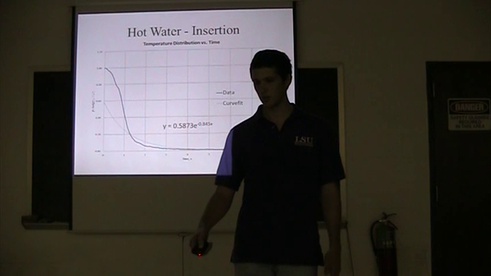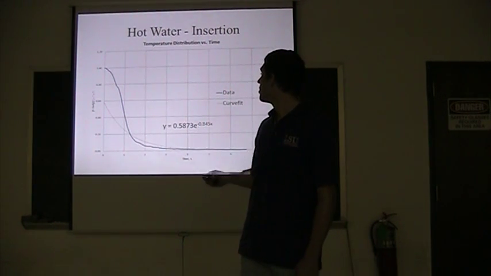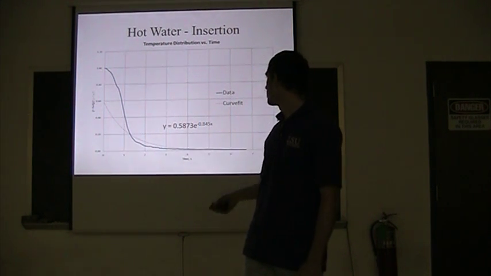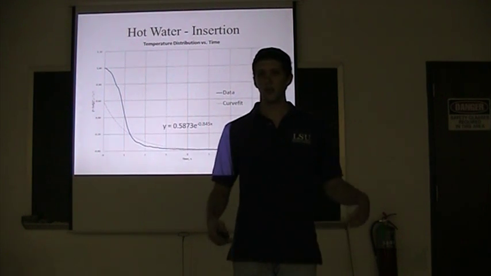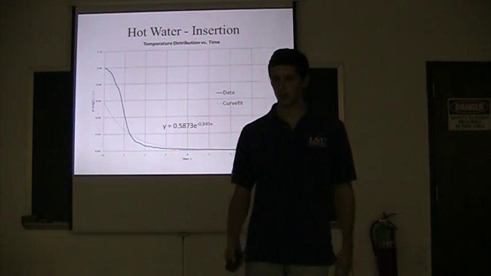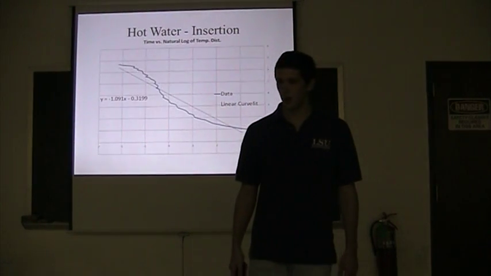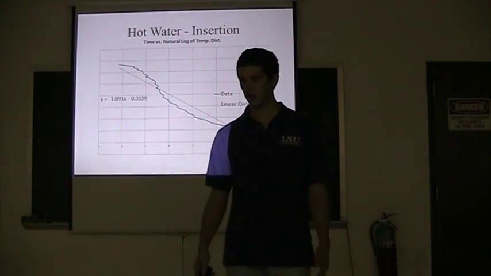But basically this just shows that your max value of temperature distribution is 1, and then it goes off as the temperatures converge to one another. And then we have this kind of weird graph, but it's time versus the natural log.